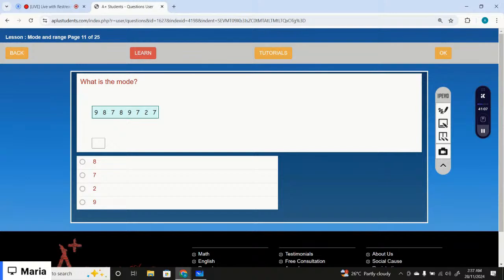What is the mode? Which is the correct option? The mode is 7. The correct option is option number 2. 7 it is.